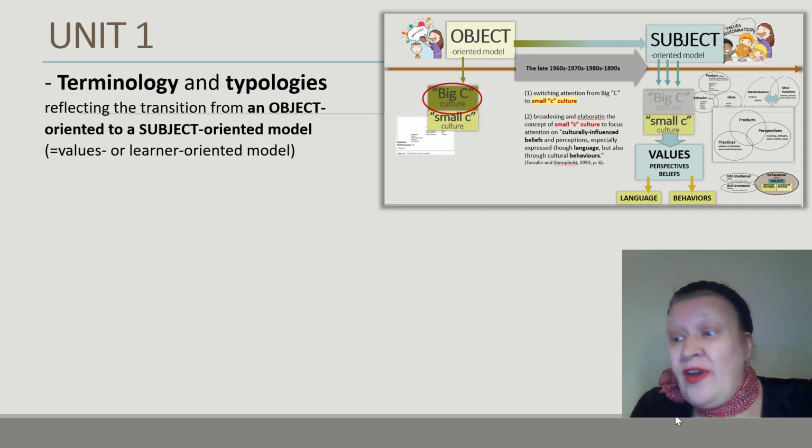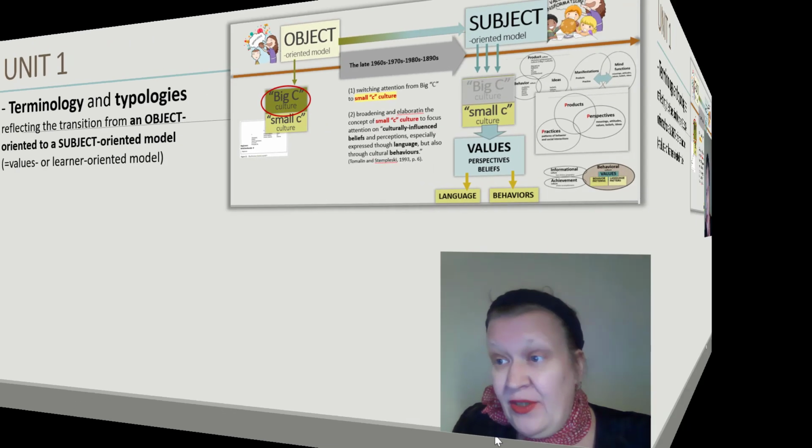That is because the only way the learners can understand and accept the values of others is by integrating them into their own value system. In other words, by transforming their value system. This transformation process is individual and learner or subject-oriented.